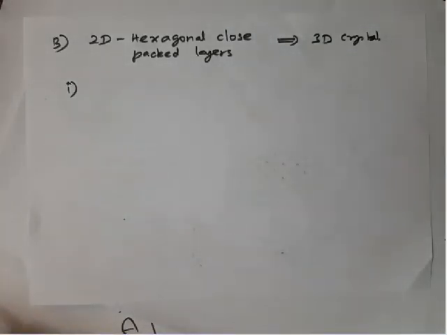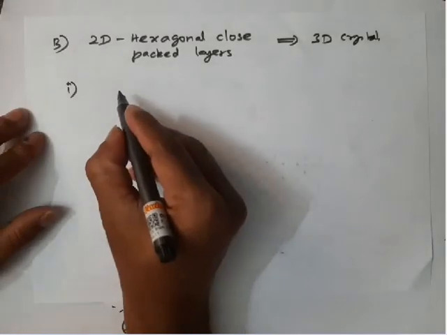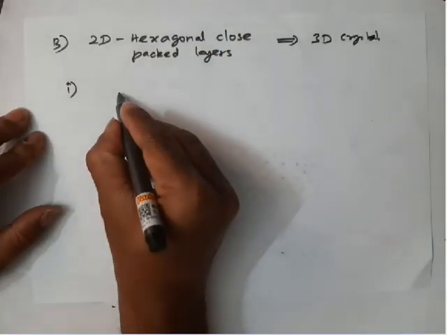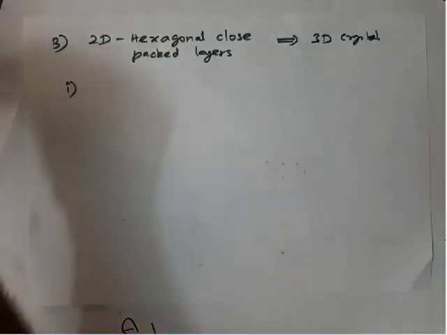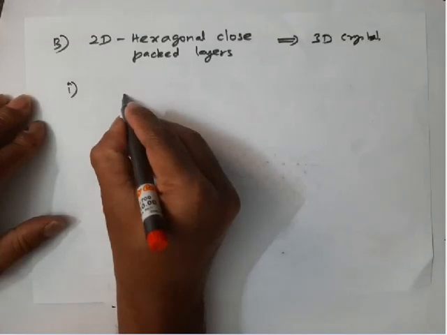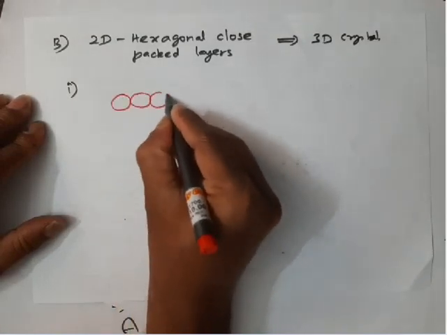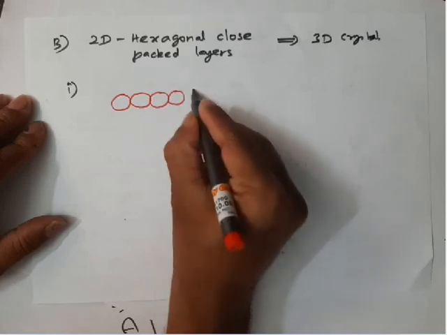Let me show the first arrangement. I'll take a hexagonal layer. Let me show you a layer like this. So this is the first layer. I'm drawing the hexagonal layer now with the red color marker.